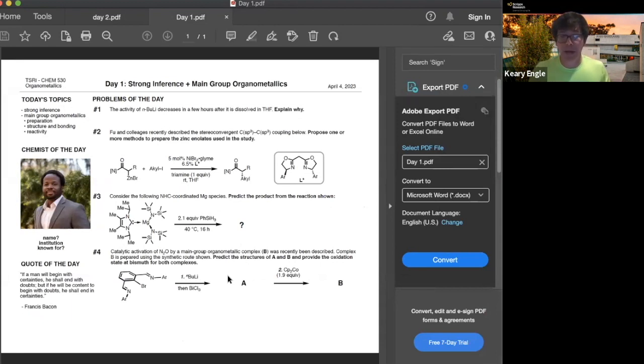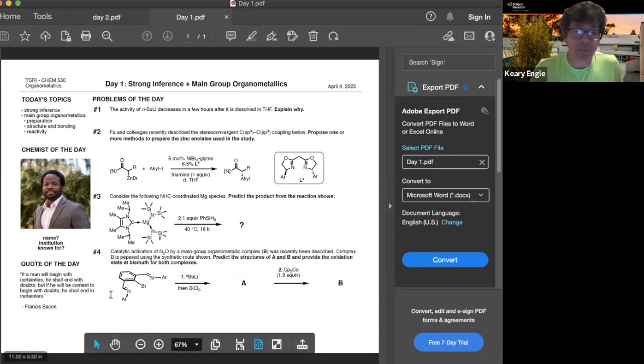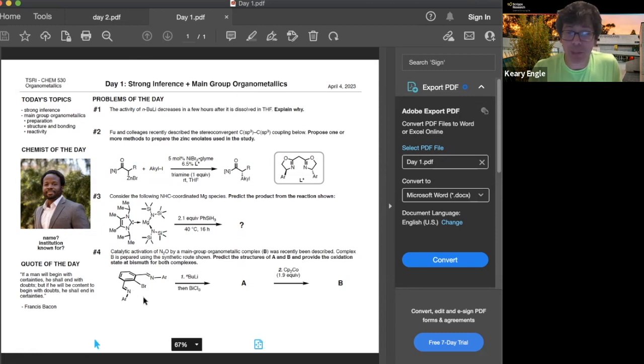And this problem of the day asks to consider a series of organometallic events where initially this aryl bromide is treated with N-butyllithium followed by bismuth trichloride to give a new species A, which is then treated with Cp2Co, roughly 2 equivalents.